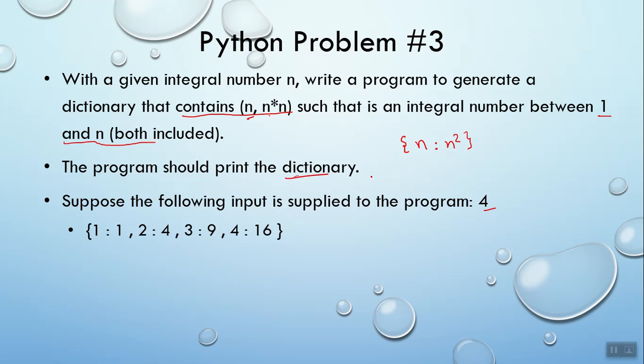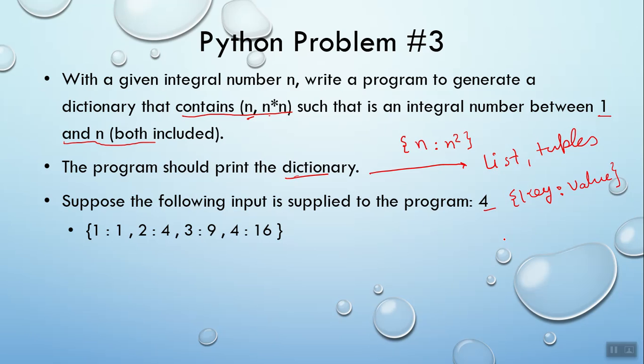So this is a dictionary, and you know about dictionary. Unlike other data sets like list and tuples, a dictionary contains basically two things. The first is the key and then the value. That's why it is called a dictionary.